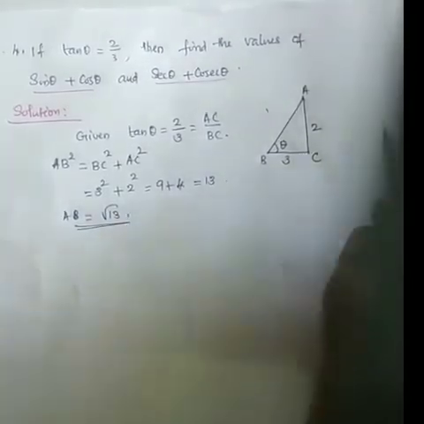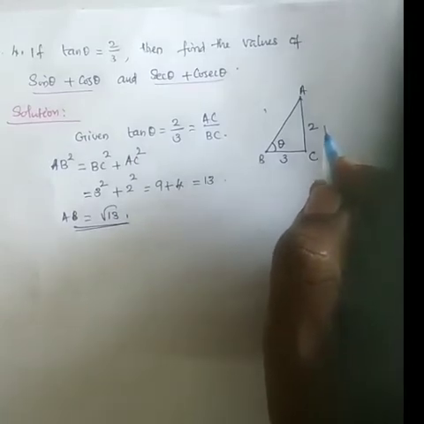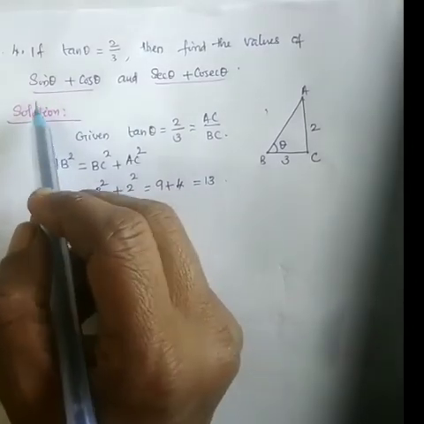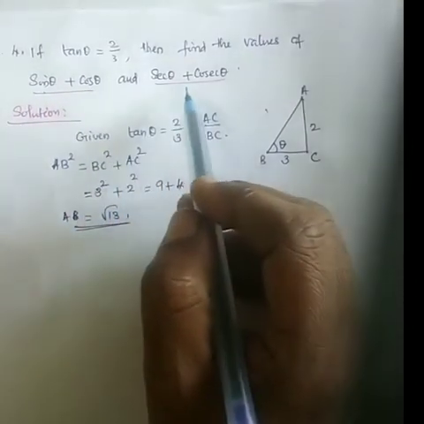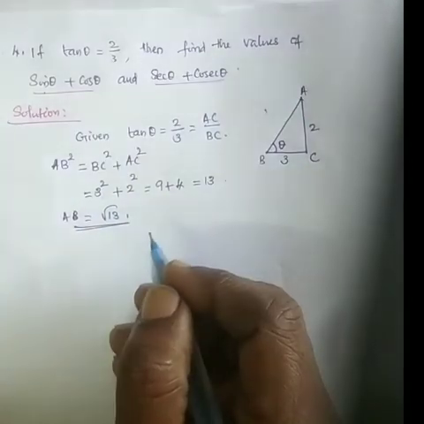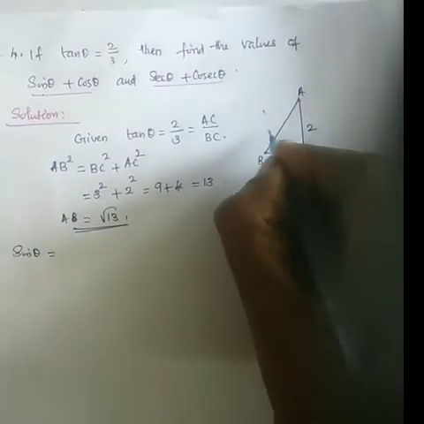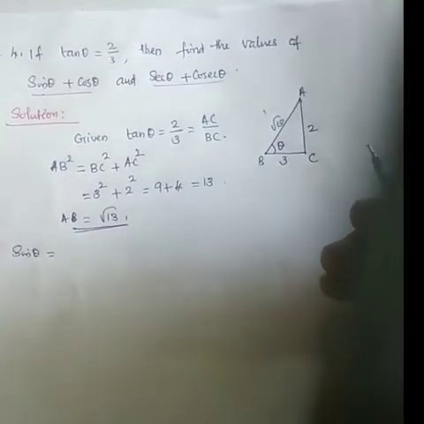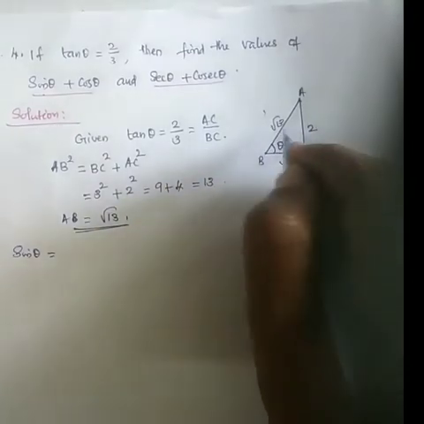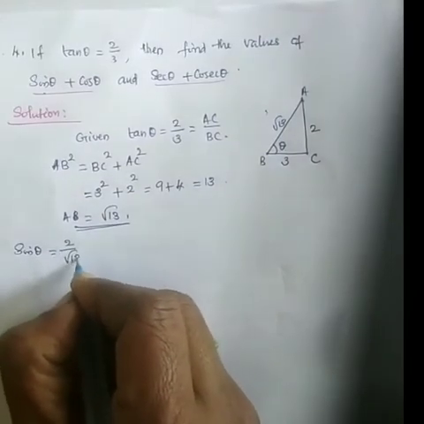Using the three sides we can find out all the other trigonometric ratios. Here we want to know only sin theta, cos theta, sec theta and cosec theta. First find sin theta. Sin theta is opposite side by hypotenuse, isn't it? Here the opposite side is 2 and the hypotenuse is root 13. So sin theta is 2 by root 13.